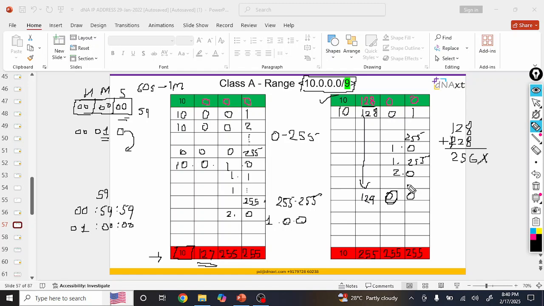Okay, for the increment of 1 in the third octet, again your fourth octet will show combinations from 0 to 255, means a total of 256 combinations. Again there will be an increment of 1 in the third octet. This will go on till you get 255.255 in the third and fourth octet. Then and only then there will be an increment of 1 in the second octet. Okay, this is all about /9.